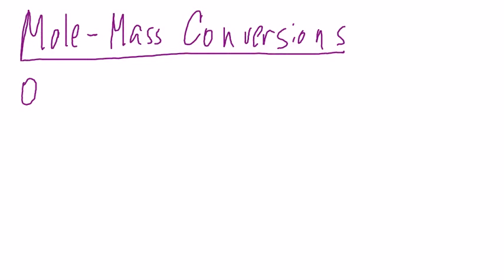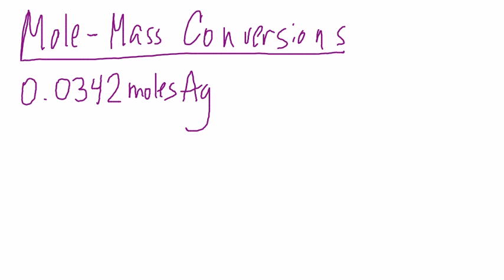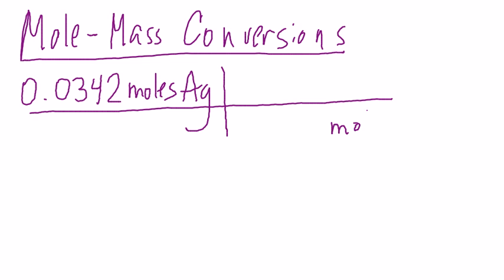If you had 0.0342 moles of the element silver, and you wanted to figure out how many grams that is, we start, of course, with the 0.0342 moles, and we multiply by the conversion factor of grams over moles. This way, following the diagonal rule, our mole units will cancel, and we're left with grams.